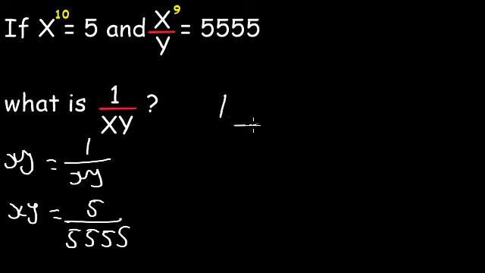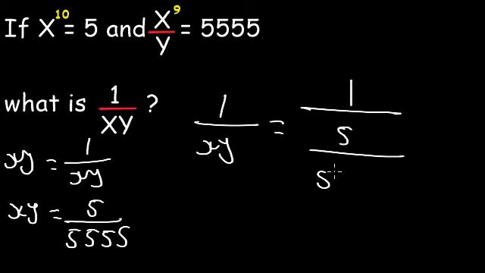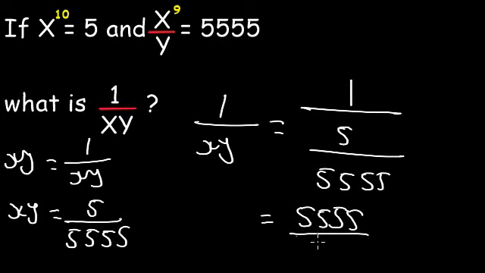I hope you got that. And eventually, 1 over xy should be 5,555 over 5 after using the concept of keep, change, and flip. So right now, if we divide this, we should have 1,101. And this is the final solution to this problem.